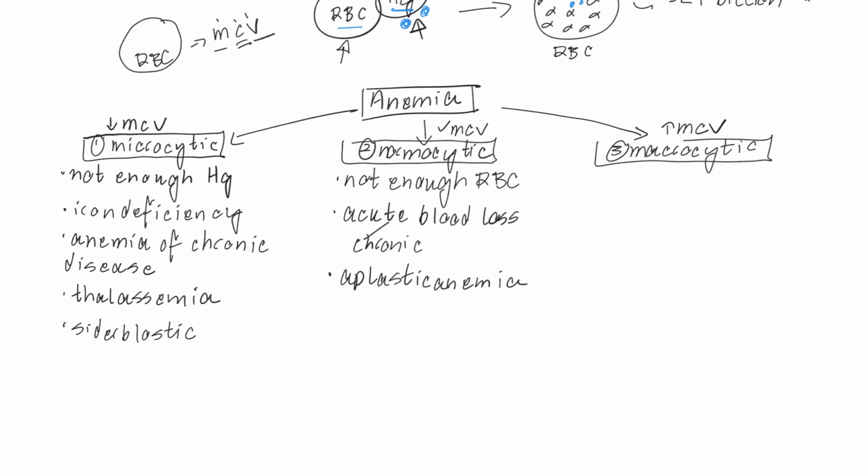And then we have macrocytic. So the problem here is, well, there's actually 2 kinds of macrocytic anemia. So I'll just draw this like this. There's megaloblastic, and there's non-megaloblastic.